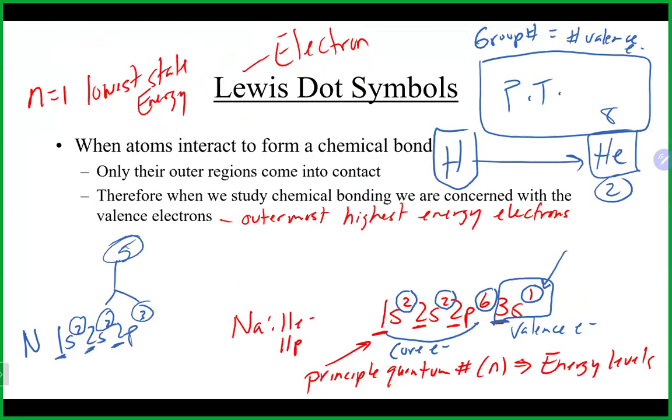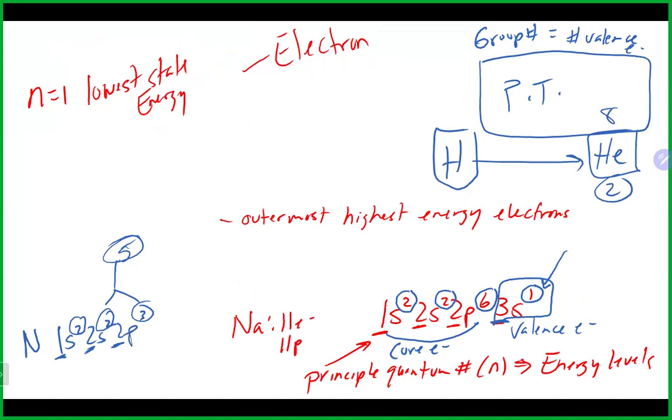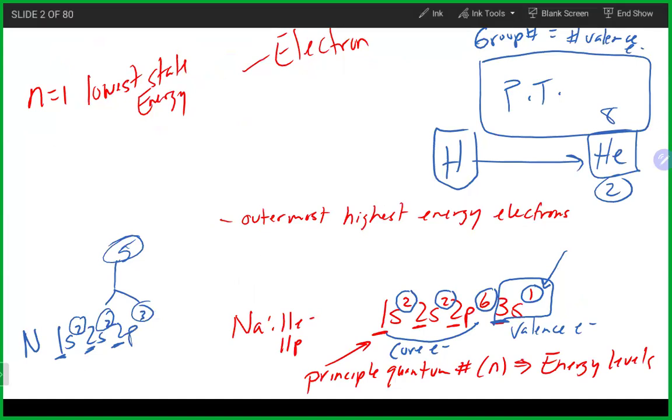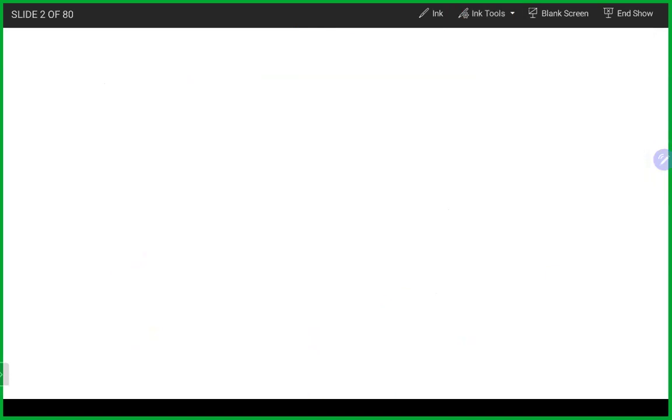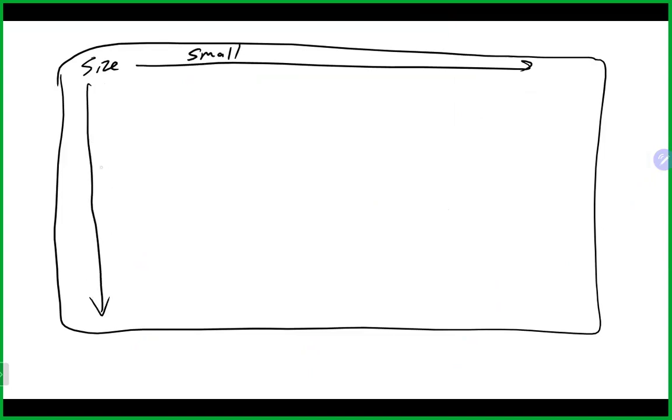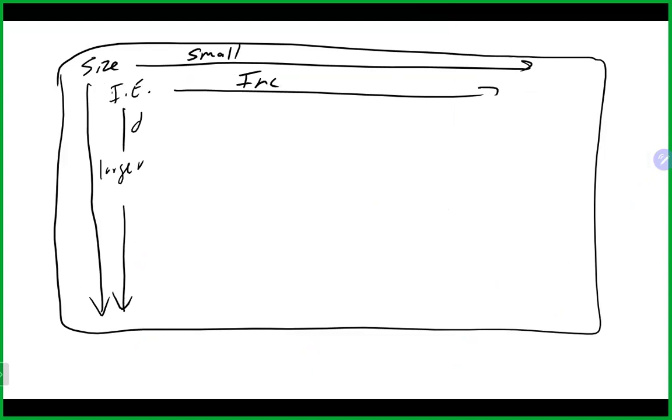So since we did this, to summarize, here are trends and what it means, if we look at the periodic table just sort of as a whole here, we have in terms of size, gets smaller as you go this way, gets larger as you go this way. We have ionization energy, which increases as you go this way, decreases as you go this way.